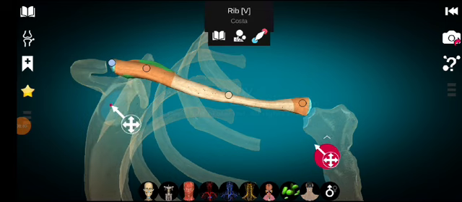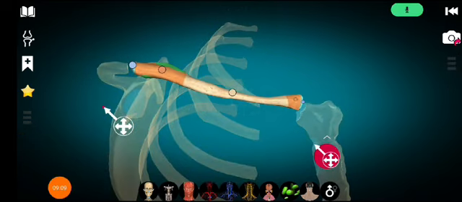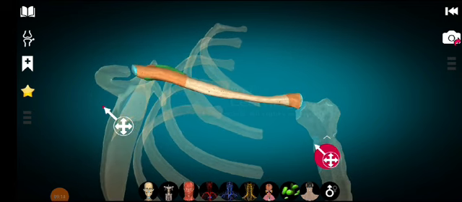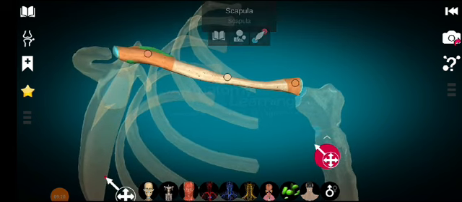It keeps the upper limb away from the thorax, so it provides a greater range of movement to the upper limb. And the third function of the clavicle is that it transmits the physical forces from the upper limb to the axial skeleton. The axial skeleton and the appendicular skeleton I have already discussed, and you can find the link of these two videos in the description of this video.